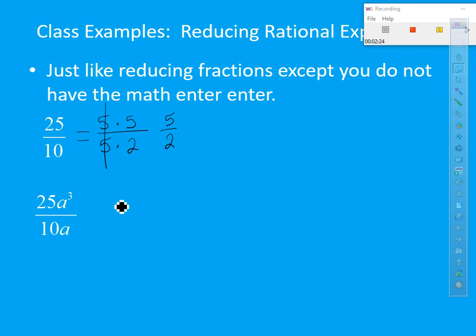Even 25a cubed, I'm going to think of that as 5 times 5 times a times a times a over 5 times 2 times a. Well, if there are some common factors, we can reduce them. So this becomes 5a squared over 2. That's going to be the concept today as we go through these.